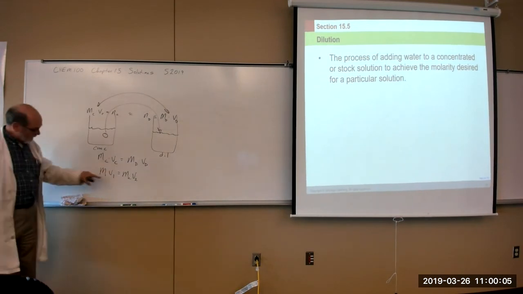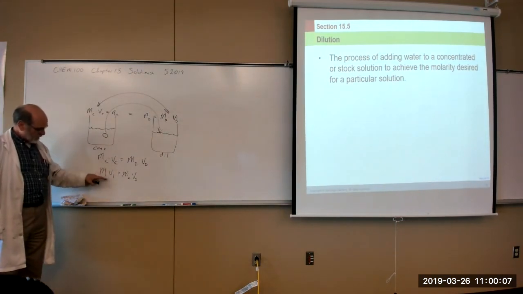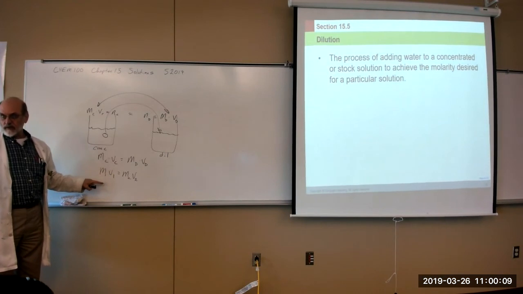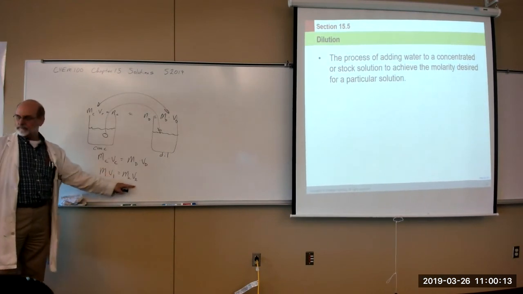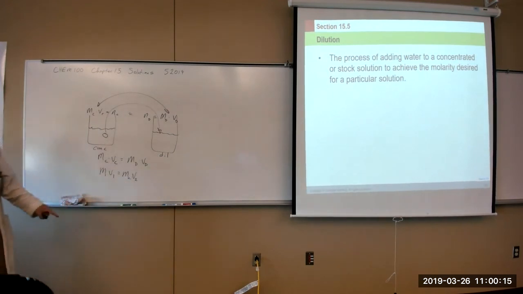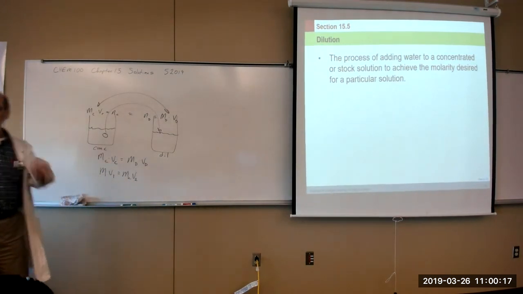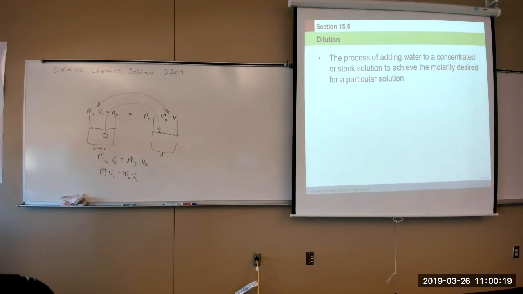The other thing that's nice about this relationship is these are ratios, right? You can rearrange this formula to put M over here and V over there. If the V's are on both sides and one is in the numerator and one's in the denominator, what does it matter what their units are? They cancel, right?